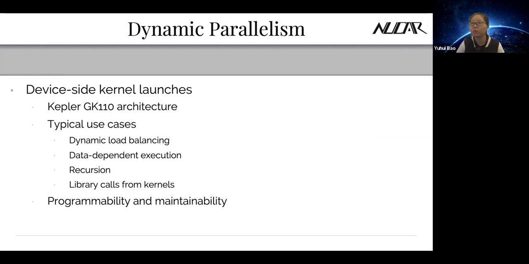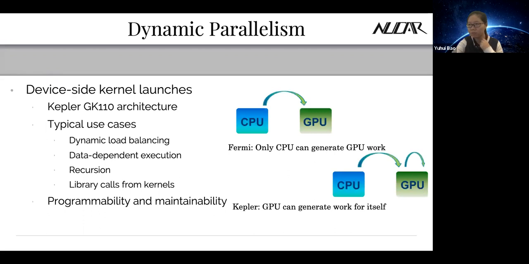So now we come to the last topic of our lecture: dynamic parallelism. We have seen before that only the CPU can launch the kernel to make the GPU work.